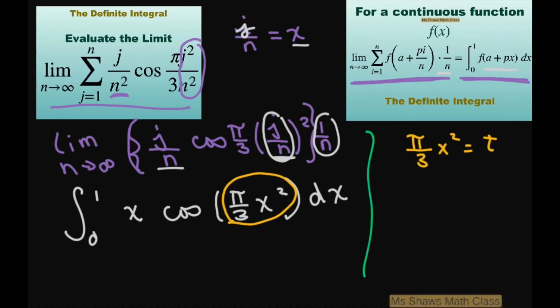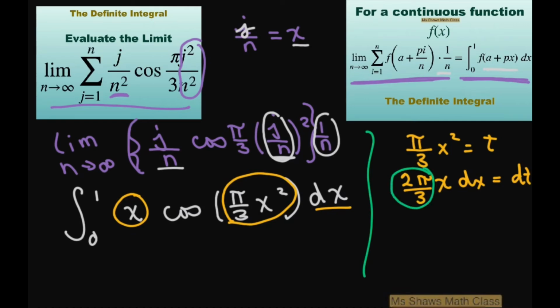Then if you differentiate both sides, you're going to get 2 pi divided by 3 x dx equals dt. Or we could say we're trying to solve for x dx. So we can divide both sides by 2 pi divided by 3, and we can say x dx equals 3 divided by 2 pi dt.